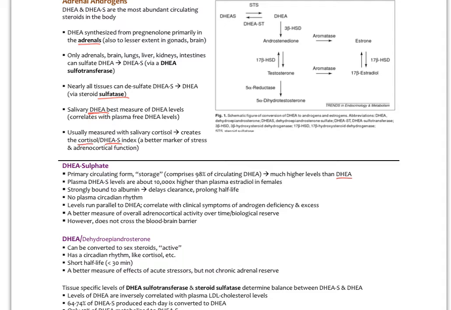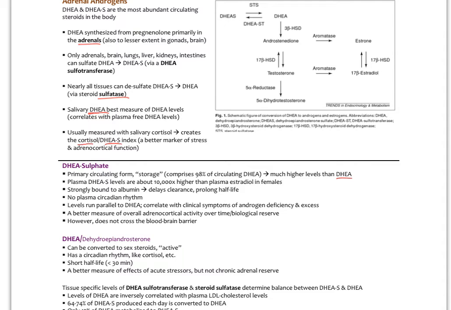So with excess DHEA, you're going to get all the hyperandrogen symptoms, like in females, you might see hirsutism, acne, all those sorts of things. It can also suppress normal ovulation and menstrual function. In males, looking at DHEA excess is more difficult because it usually goes along with testosterone, so it's harder to differentiate those.